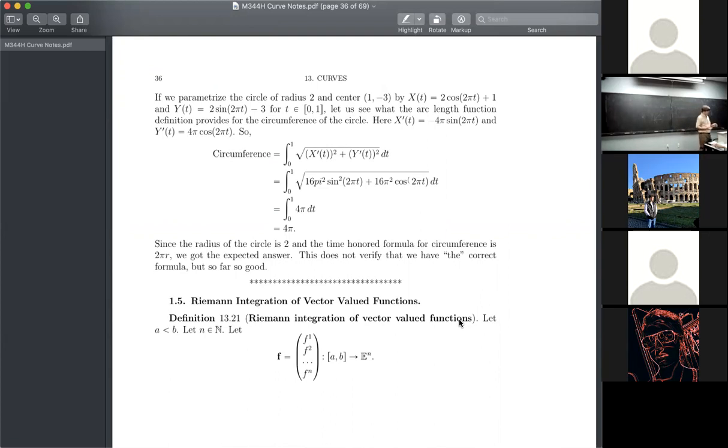Now, in section 13.2 of the book, the author has a section on derivatives and a section on integrals. I consider that particular section pretty easy because you're given a function with several components. If you want to differentiate the function, all you do is differentiate the components and stick them in a vector. If you want to integrate the function, all you do is integrate every component and stick it in a vector.